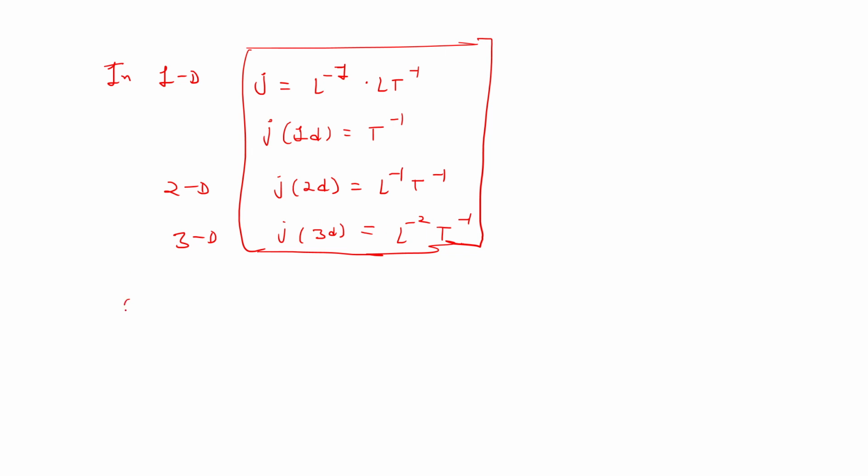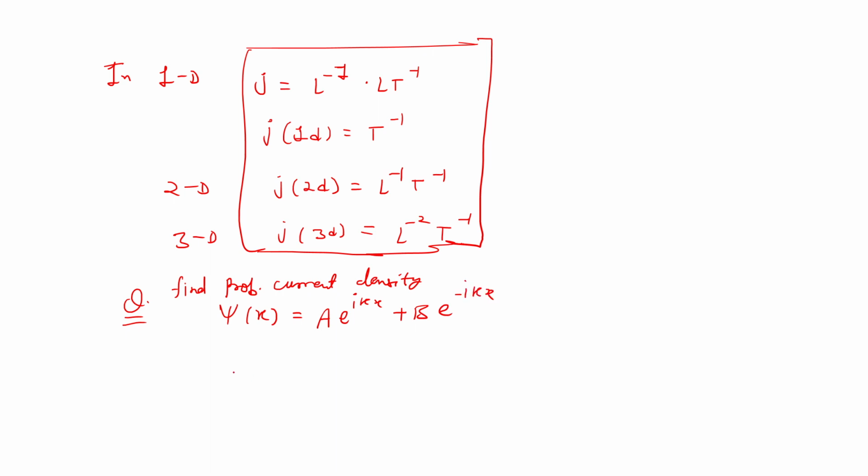Okay, so a few questions I am giving you as homework. If your psi x is given, you have to find the probability current density. I will not be discussing these questions. This is your homework. You have to find the probability current density for this.